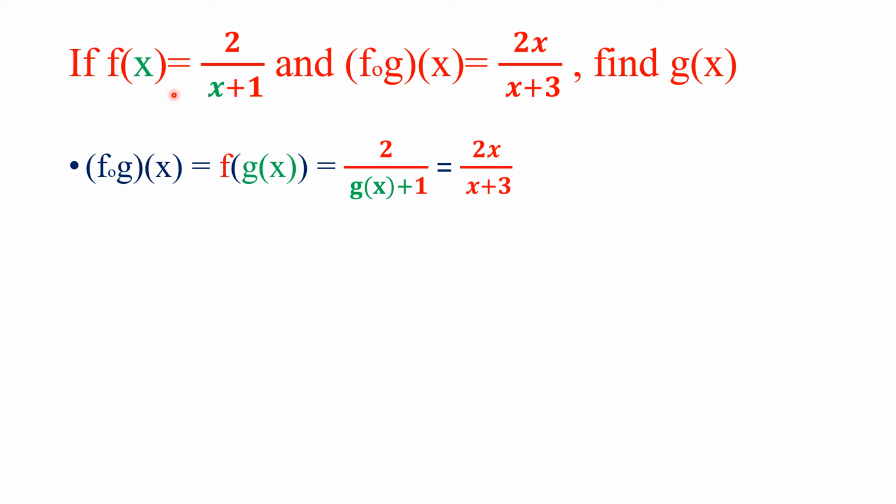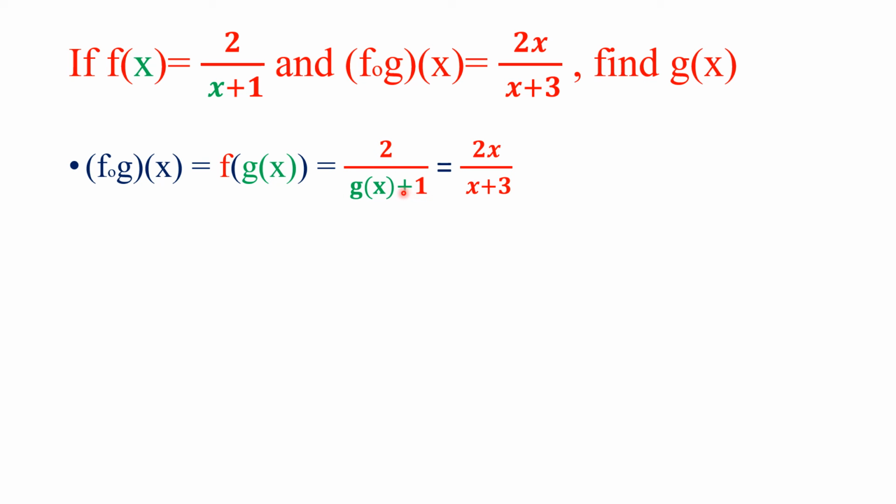That means this is the parameter f operates on, and it will go in the denominator as the first term. And g of x is the parameter x is operating on, so g of x will go in the denominator just like over there. So this gives us f circle g of x, the composite function, equal to 2 divided by g of x plus 1.